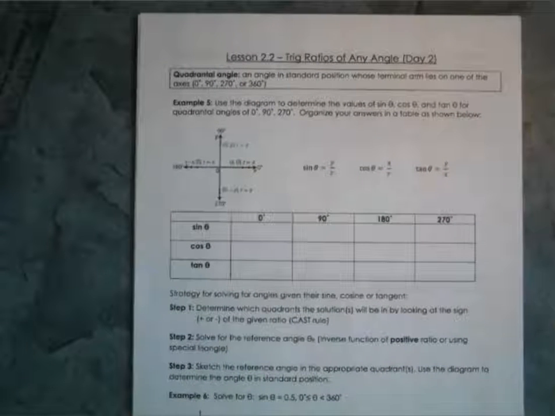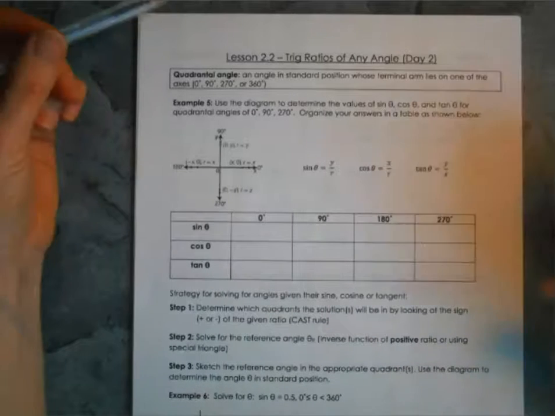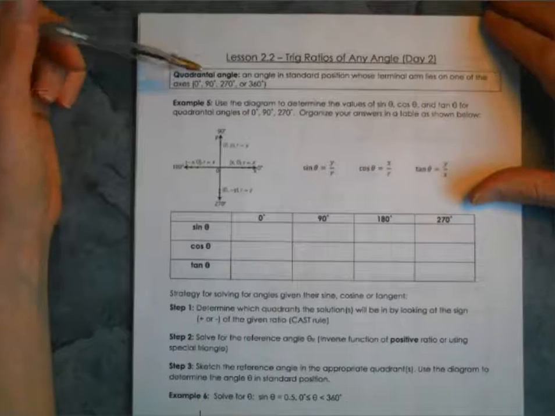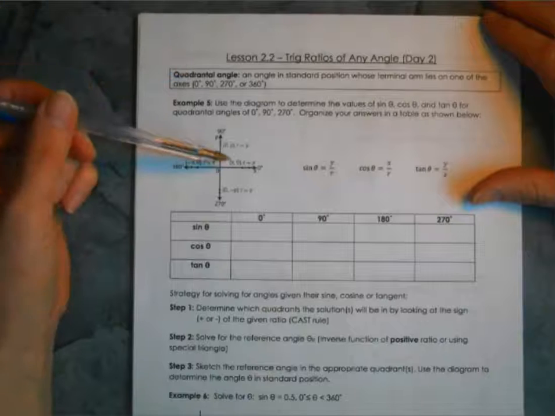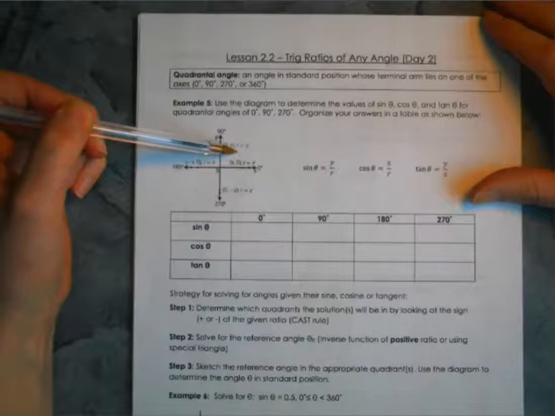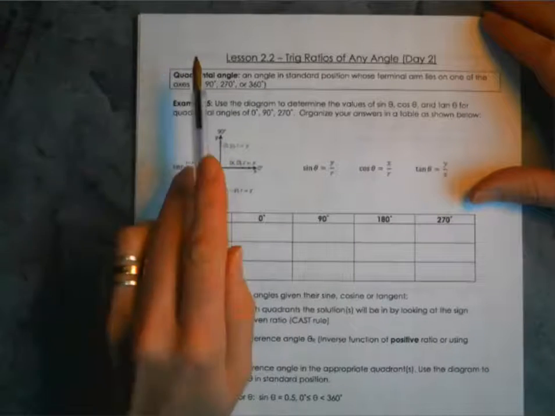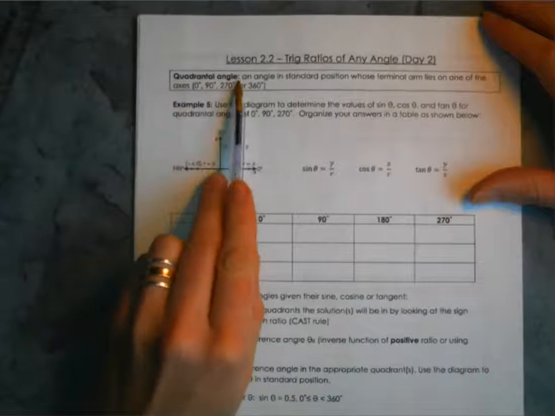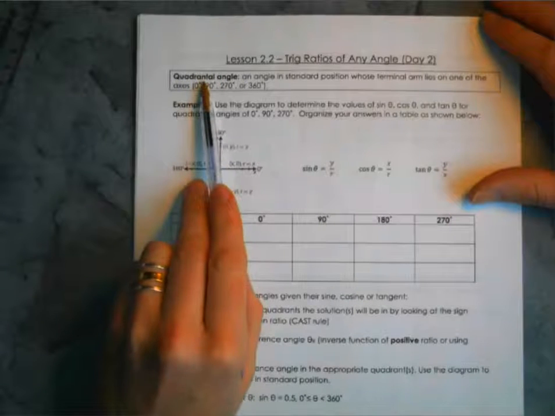To start out with, we're just going to do a little example to think about how these trig ratios are going to be in something called a quadrantal angle. Remember we talked about how we have quadrant 1, 2, 3, and 4, and you see this word quadrant in the terminology of a quadrantal angle.